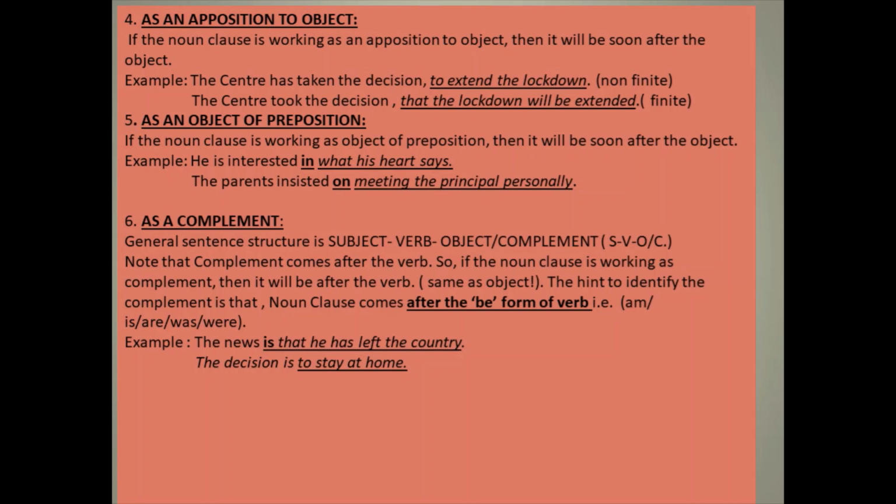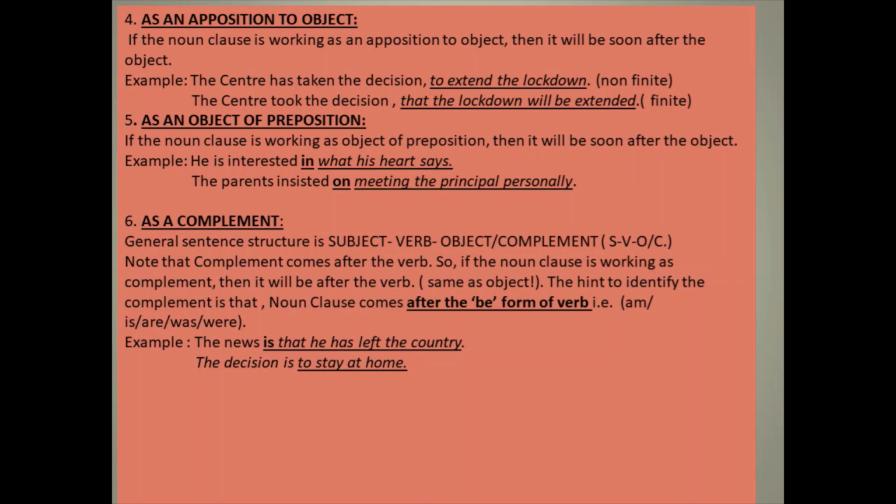Meeting the principal personally. So you see here where we use the question what now? After the verb, but along with the preposition. The parents insisted. Insisted is the verb, and as the rule suggests, we need to ask the question what to the verb. Now here we have to include the preposition also while asking the question. Insisted on what? Insisted on meeting the principal personally.